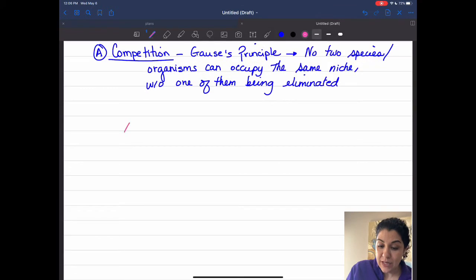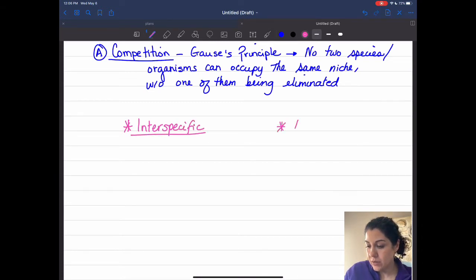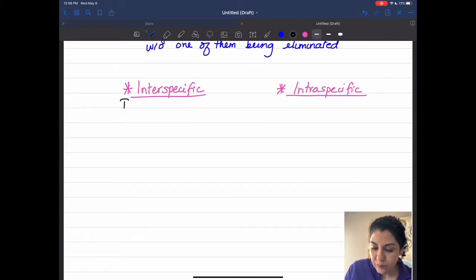We can have interspecific and intraspecific. So interspecific is between organisms of different species.